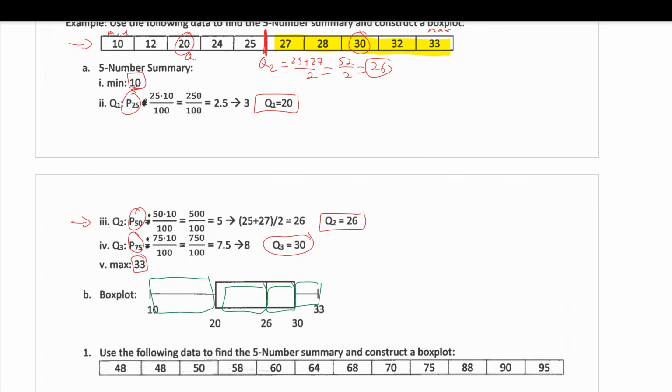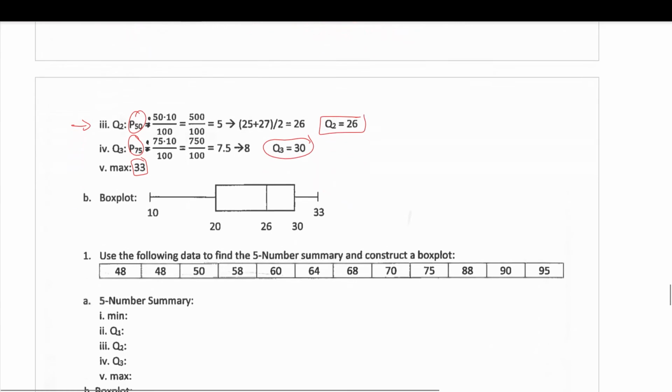When the spaces are a bit wider, that just means that the data values are more spread out. And when the spaces are a little bit closer, that means the data values are more compact. Now, there's a better way to come up with this box plot to make it very accurate, which we'll do in the next problem.